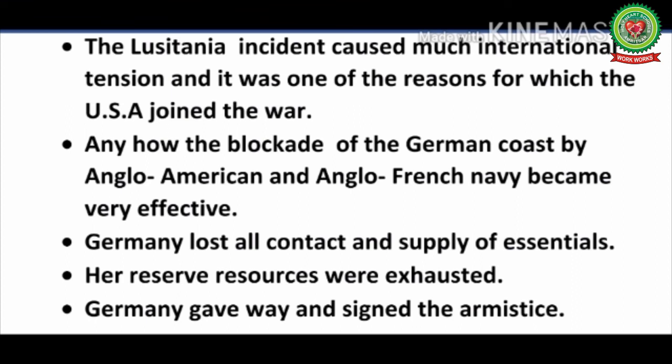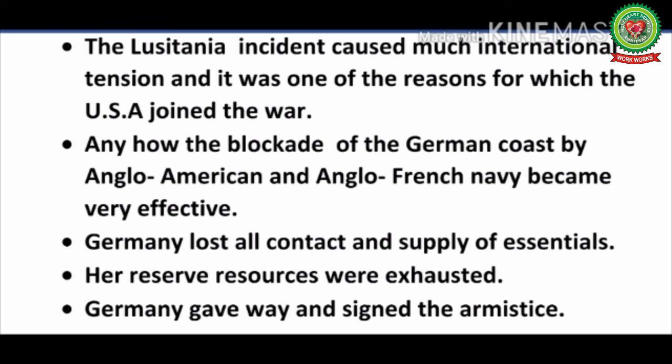America advised that Germany should be attacked jointly by all the Allied powers. So a joint attack was made on Germany by Anglo-American forces and the Anglo-French Navy. Germany lost all contact and supply of essentials, and its resources were exhausted.